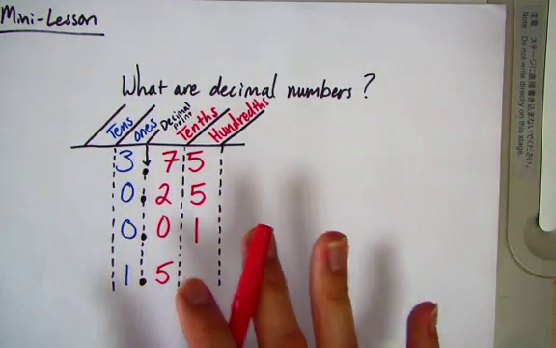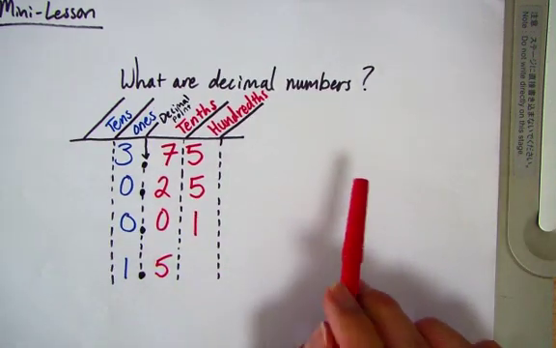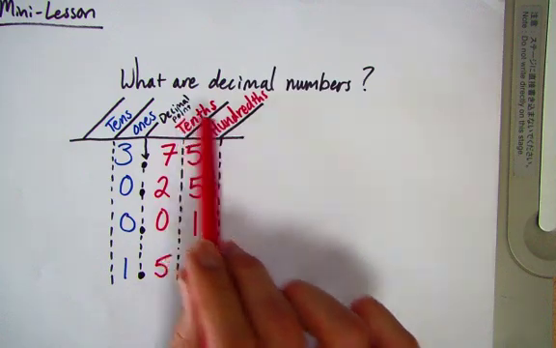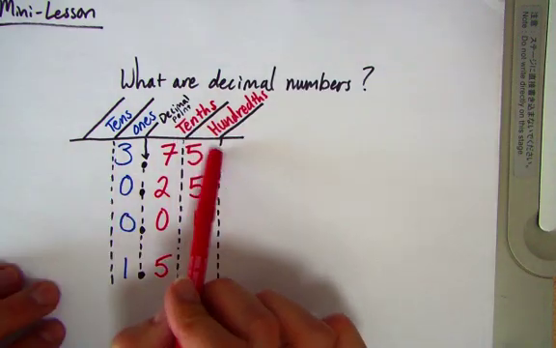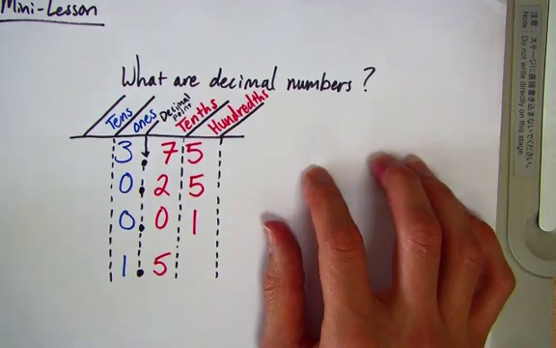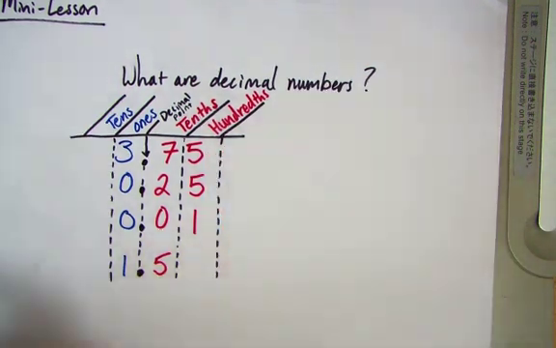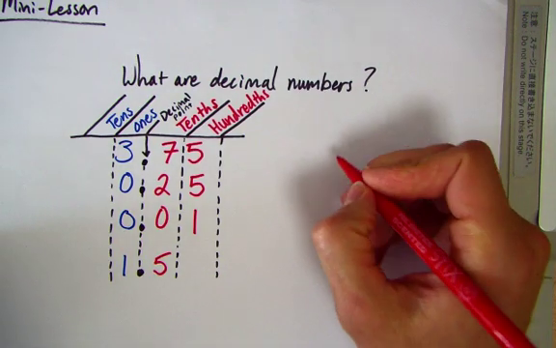So you can go ahead and stop the video if you would like and then go on to the next, or please continue to watch a little bit more about how this relates to, or how you would say these decimal numbers. Okay, so if you didn't stop the video and you're listening, that means you're awesome and you are going to continue learning. All right, let me write this really quick.